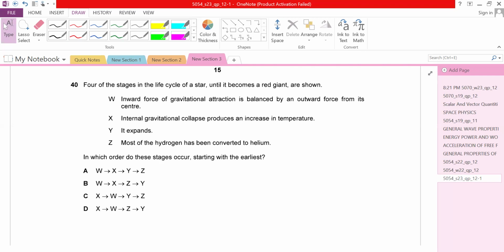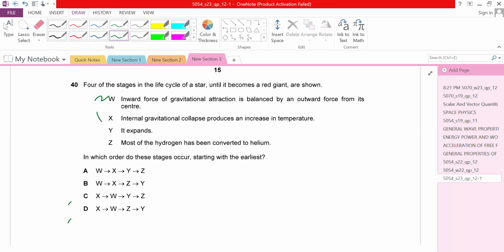Inward force of gravitational attraction is balanced by an outward force from its center. No, this isn't the first one. The internal gravitational collapse produces an increase in temperature. If this is the first stage, then W is the second stage.